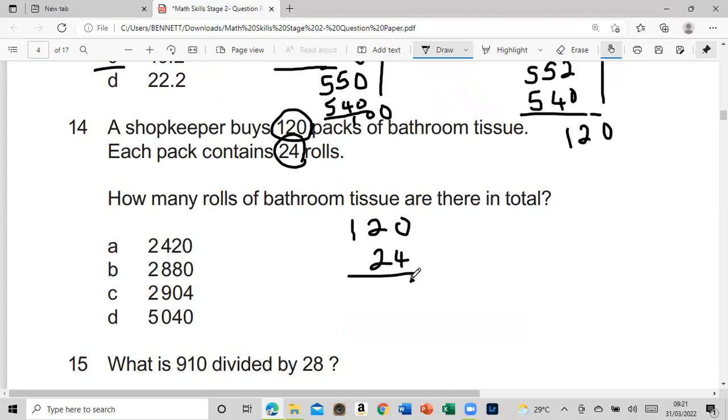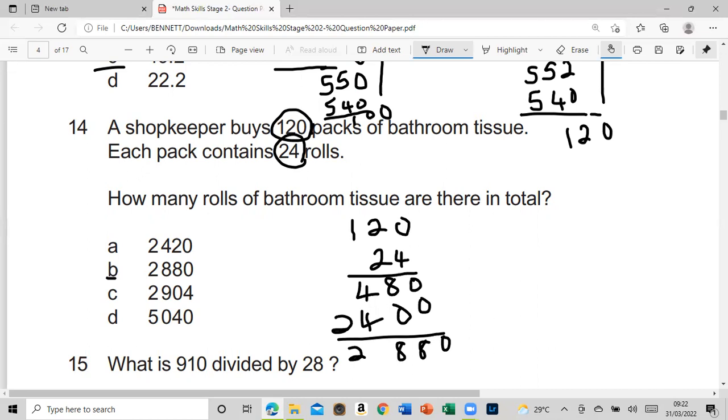The 0 can multiply by 20 now. 2 times 0, 0, 2 twos is 4, and 2 ones is 2. Now we add that, 0, 8, 8, and carry on. So that will be B.